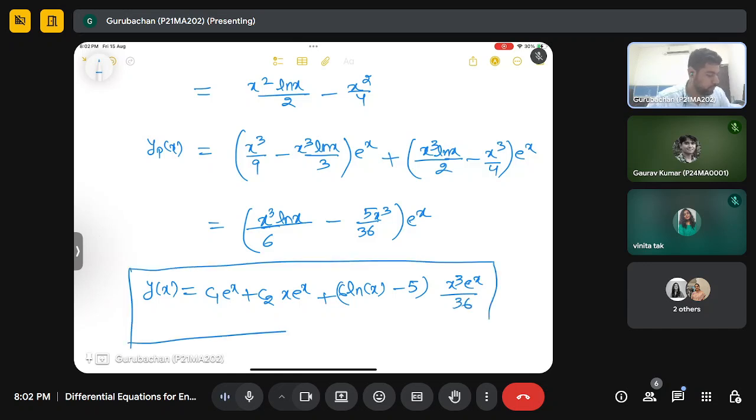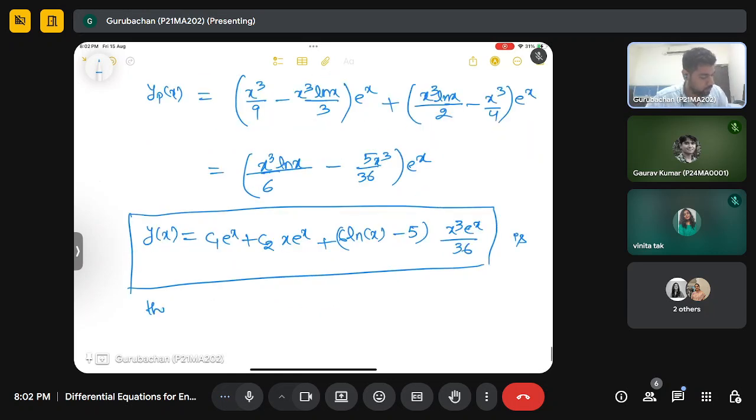So this is the general solution of the given differential equation. Okay.